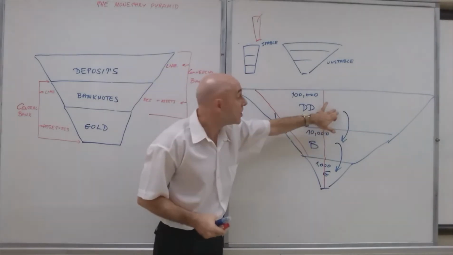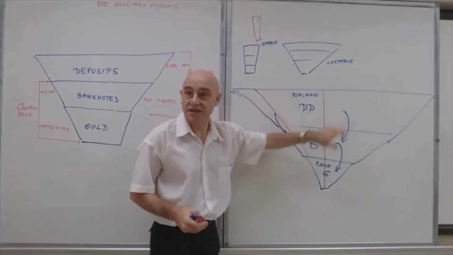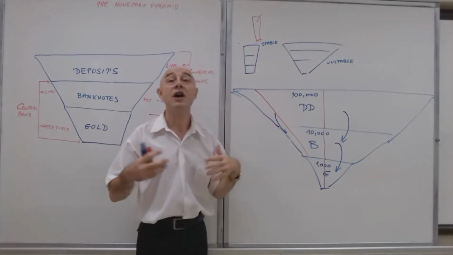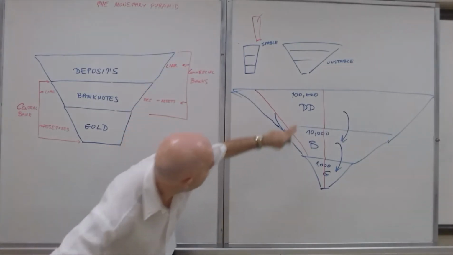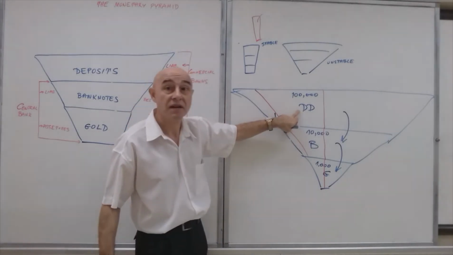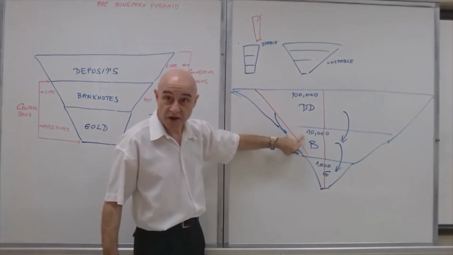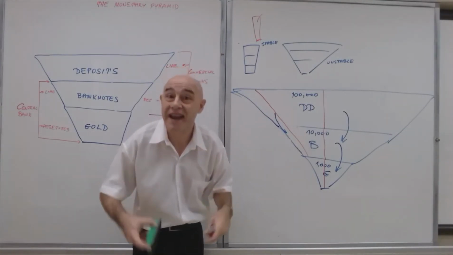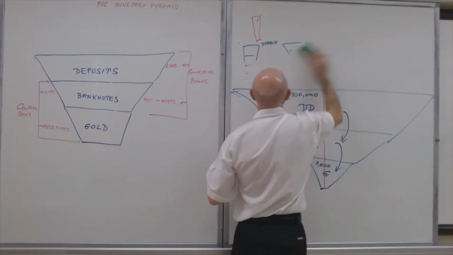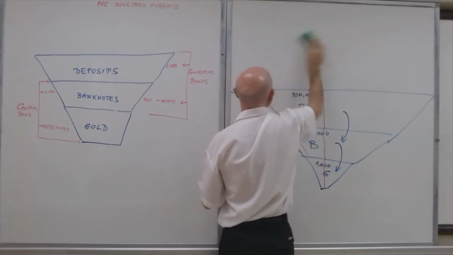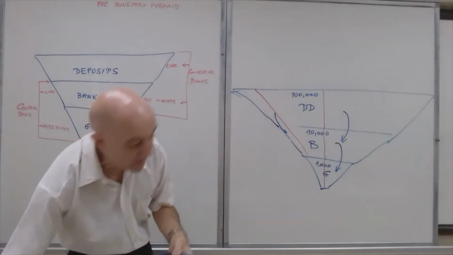Now, when people go ahead and convert deposits massively into banknotes, in other words, you go and take your money out of the commercial bank, we call this a bank run.